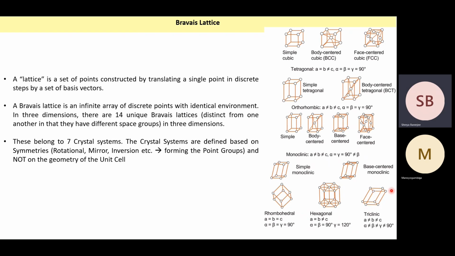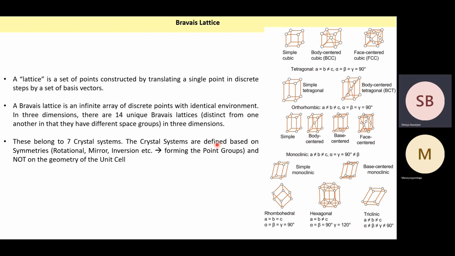And the final and the least symmetric system is called triclinic, where A, B, and C are different, and alpha, beta, and gamma are also different, and none of them are equal to 90 degrees. So the 7 crystal systems are cubic, tetragonal, orthorhombic, monoclinic, rhombohedral, hexagonal, and triclinic. And the 14 Bravais lattices are shown here.